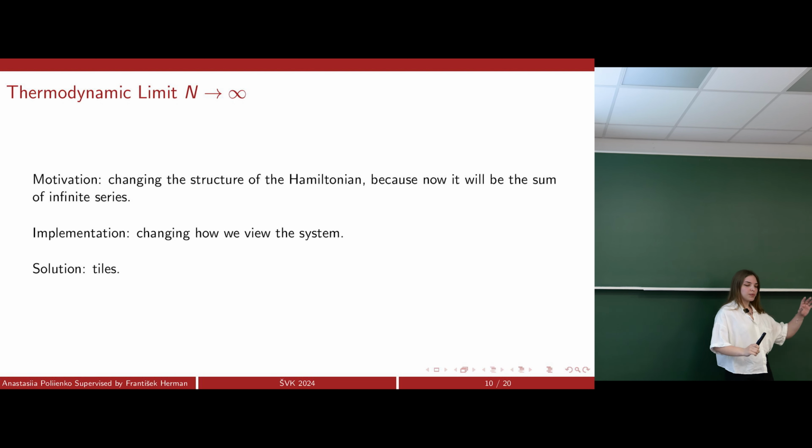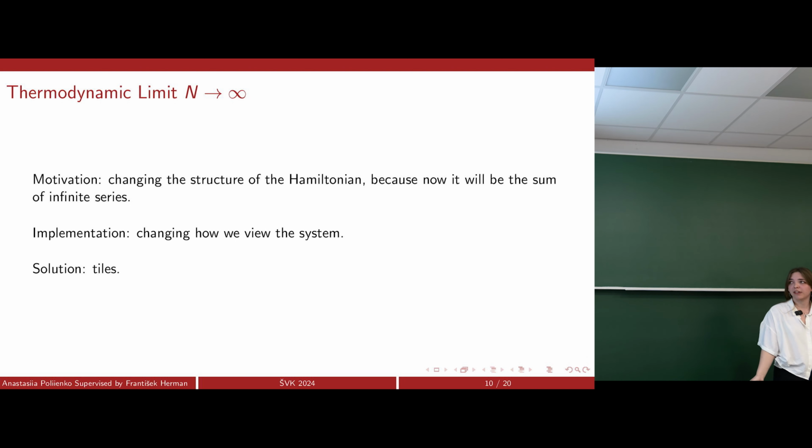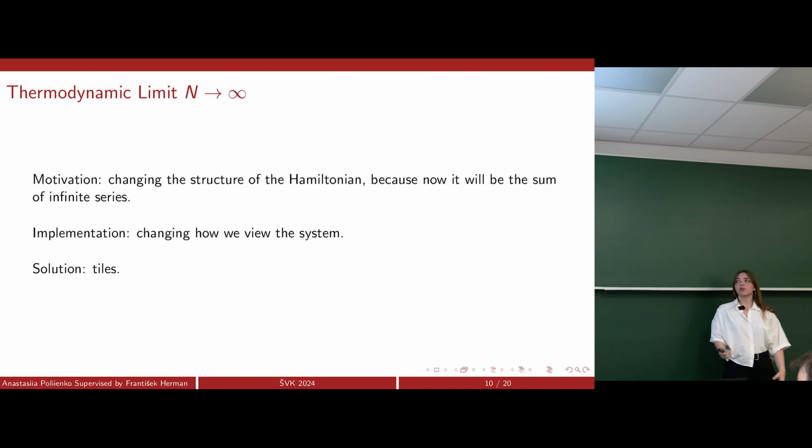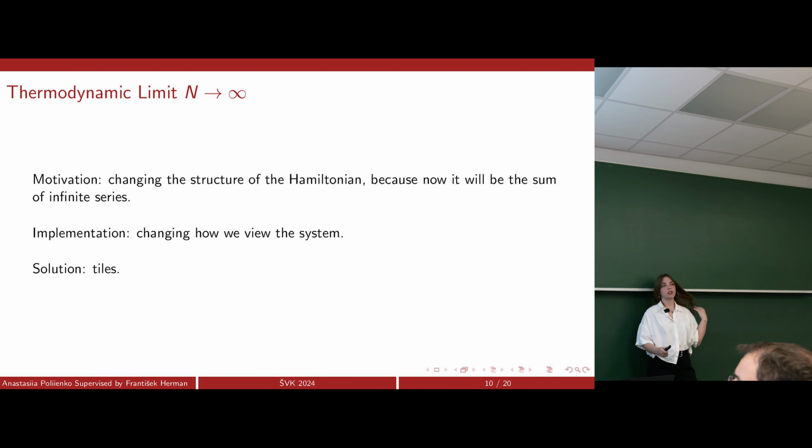We started to research the system at the thermodynamic limit. It's when the number of spins is going to infinity. So we wanted to change the structure of the Hamiltonian so that it's not the sum of an infinite series, and we needed to change how we view the system, right?